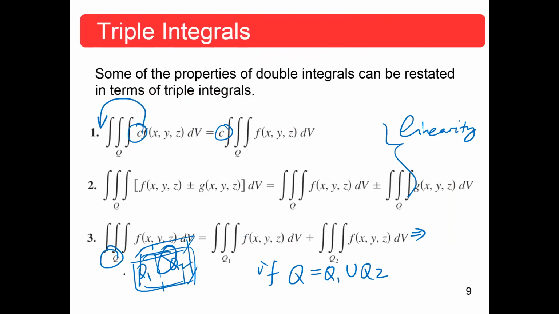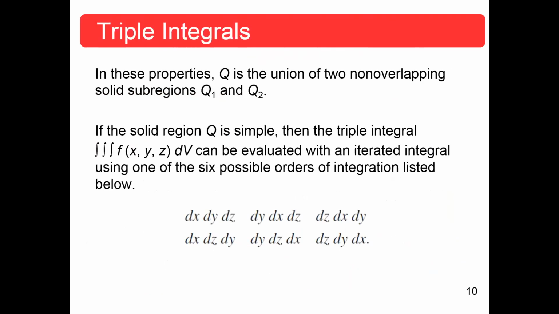Then the integral over Q will just be the integral over Q1 plus the integral over Q2. That's actually called the additive property over region. We have the similar property in single integral and double integral. So in the last property, Q is the union of those two, Q1 and Q2.